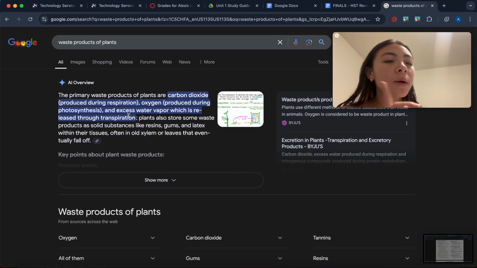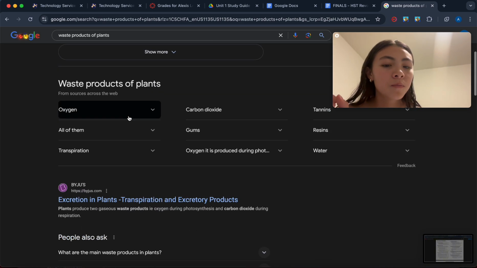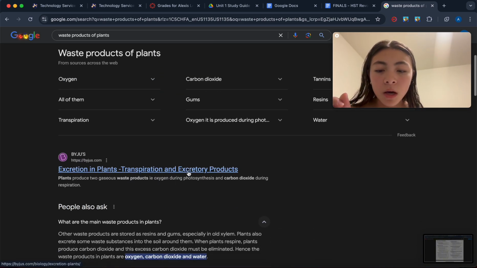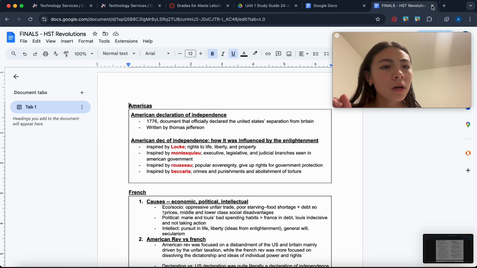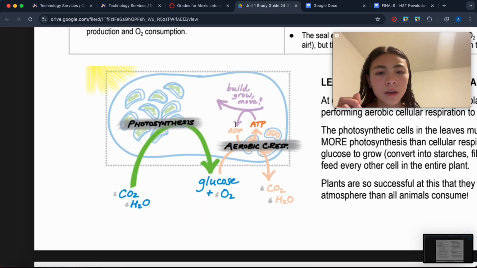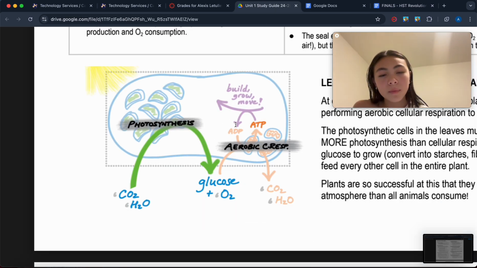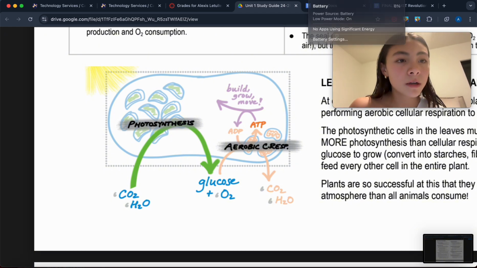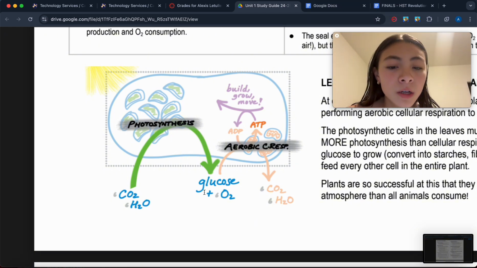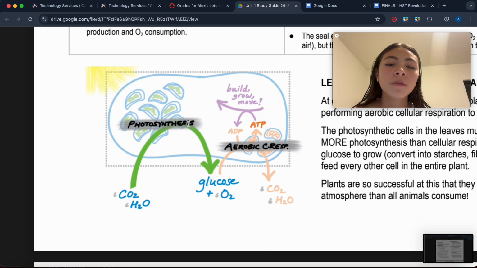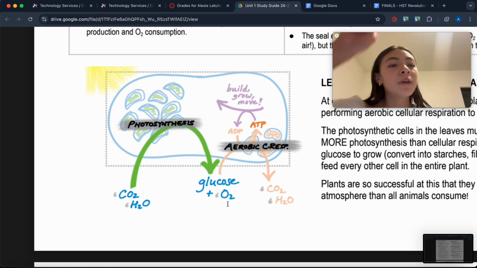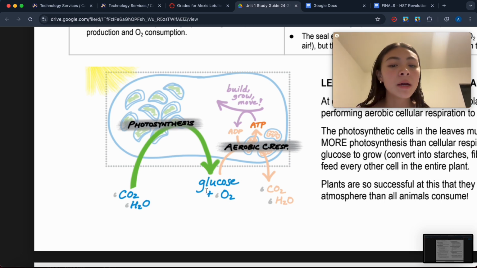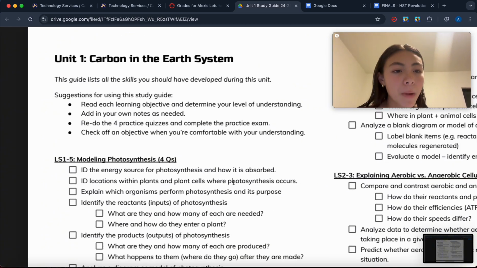Maybe going back to what I said earlier, it doesn't just use the oxygen from photosynthesis to power aerobic respiration. Some of it goes up into the atmosphere as waste. So that might also be part of it. Yeah.